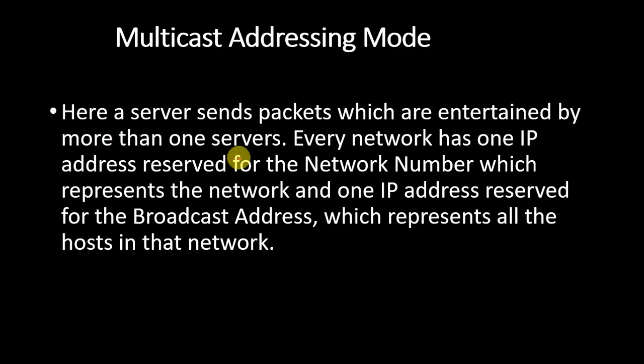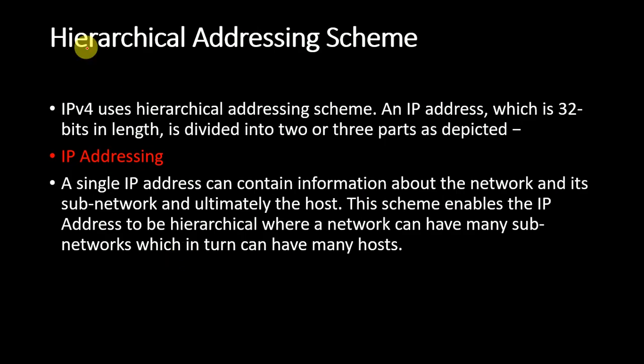server. Every network has one IP address reserved for the network number which represents the network, and one IP address reserved for the broadcast address which represents all the hosts in that network. Next one is the hierarchical addressing scheme. IPv4 uses this type of addressing scheme, and the address is 32 bits in length and can be divided into 2 or 3 parts.